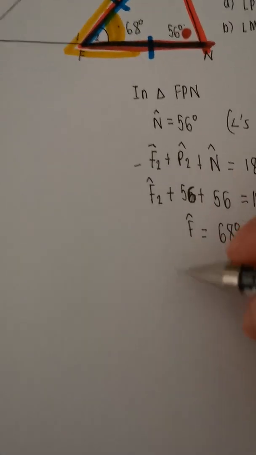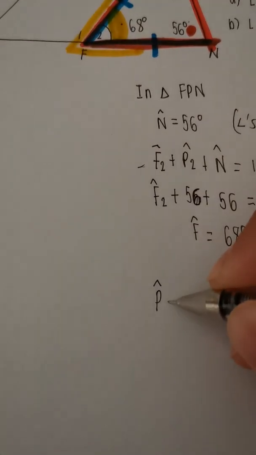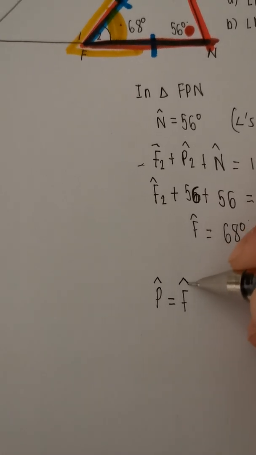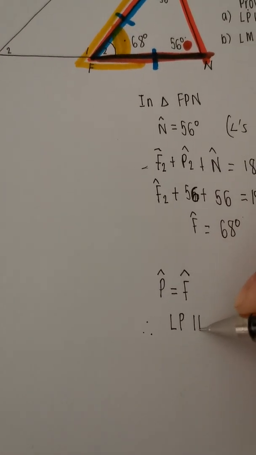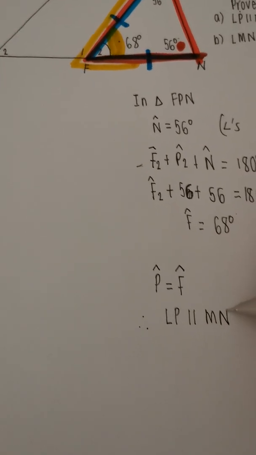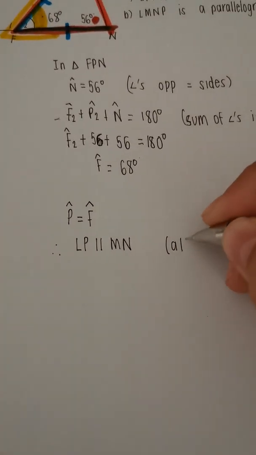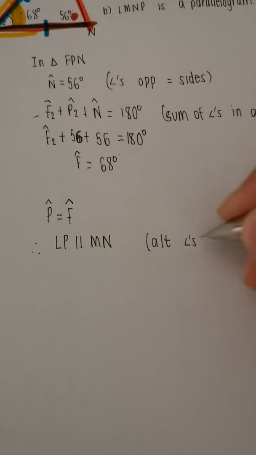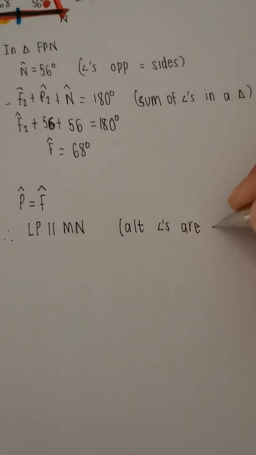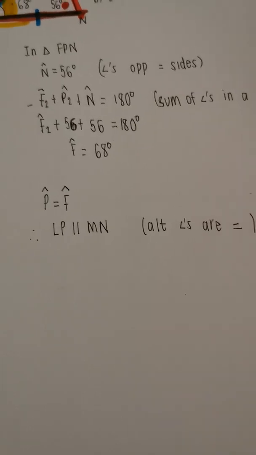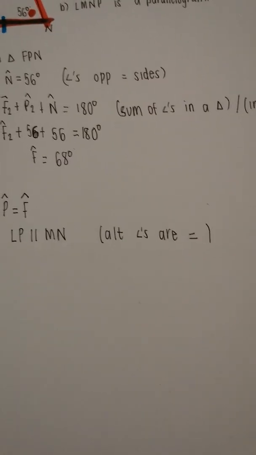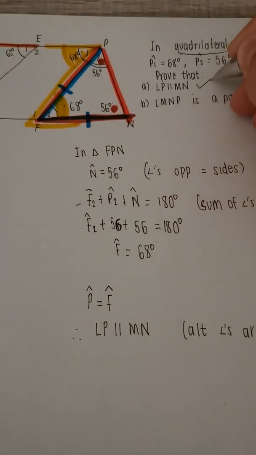So I can say angle P is equal to angle F. Therefore, LP parallel to MN. This time do I have to write the parallel lines? No, because I've proven that the lines are parallel. Here we go. So I'm finished with this question.